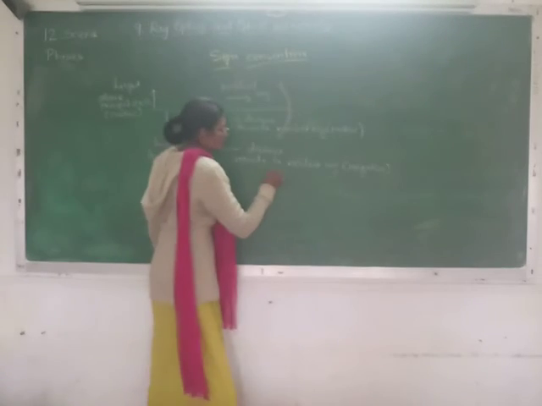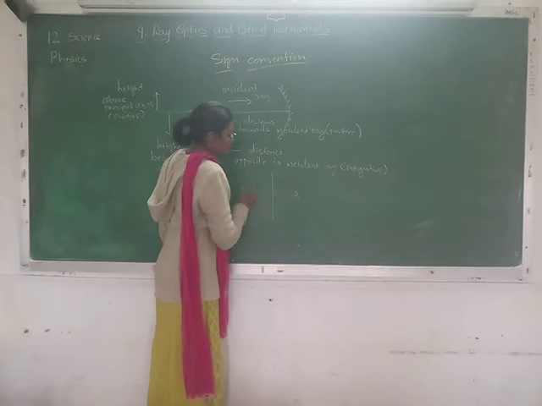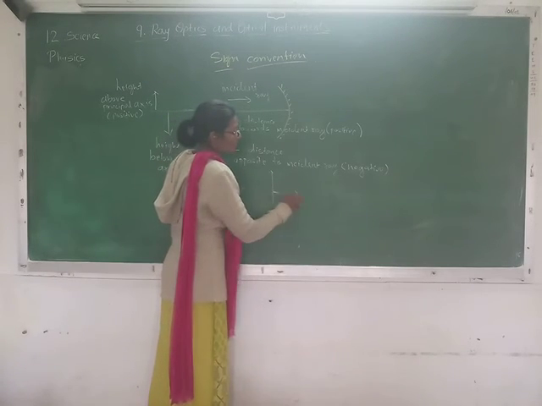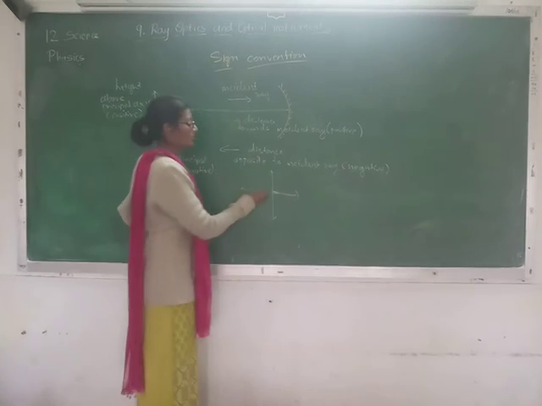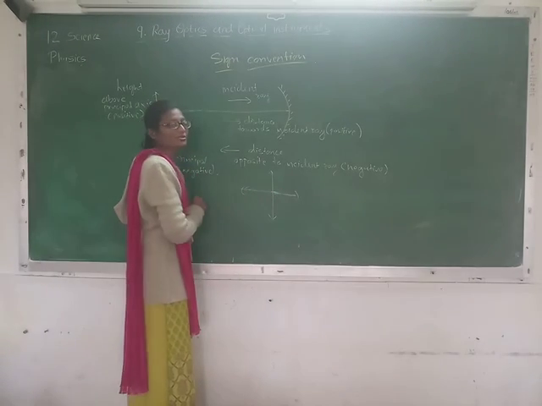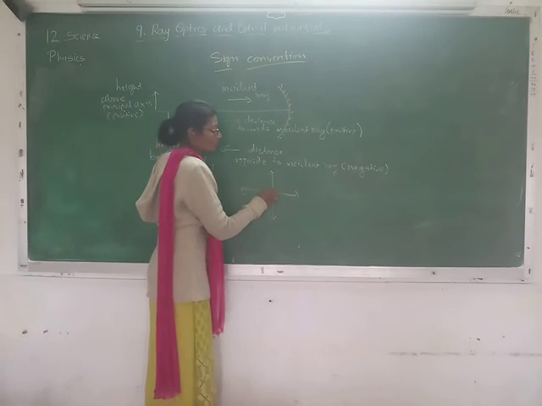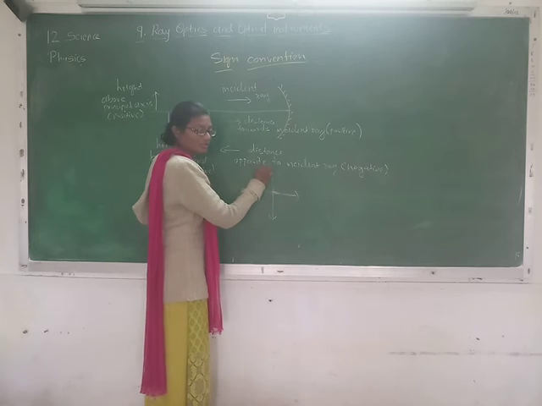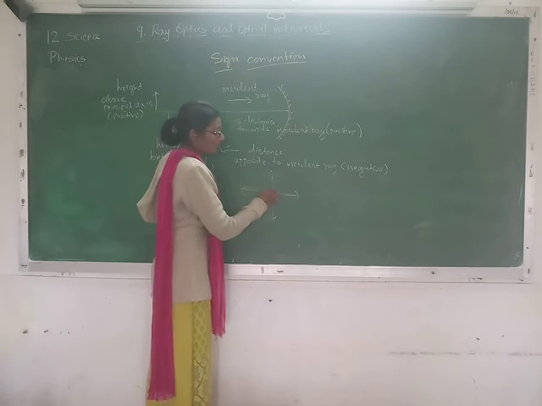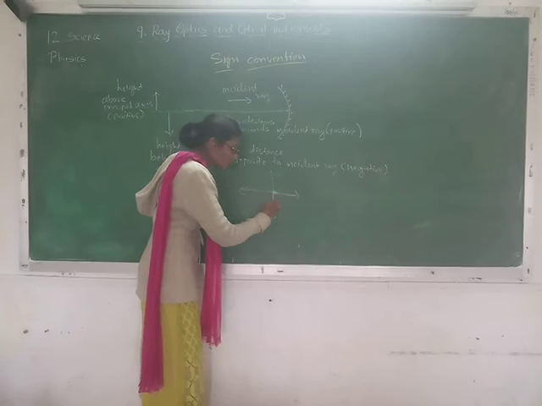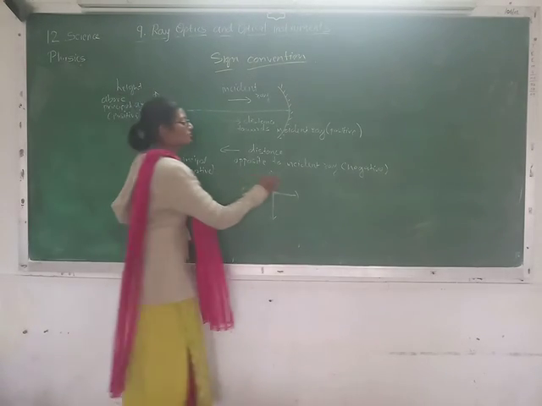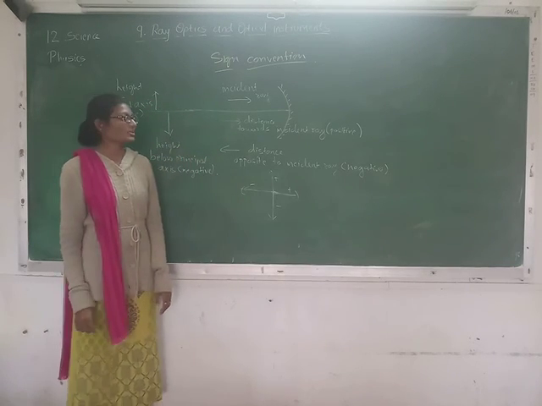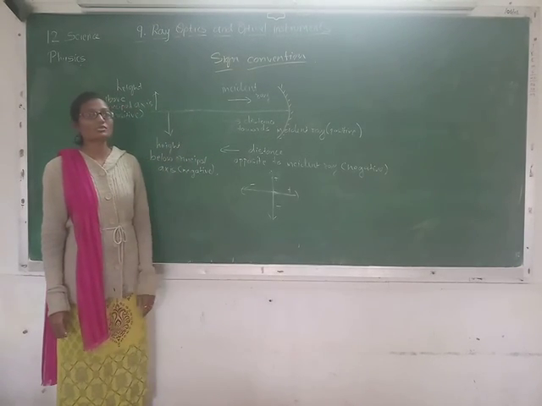In short, you can use the xy coordinate logic: from the origin to this side all measurements are positive, from the origin to this side all measurements are negative, all measurements from the origin in the upper direction are positive, and all measurements in the downward direction are negative. So you can remember and take the logic from the xy coordinate system. You may note down the sign convention.